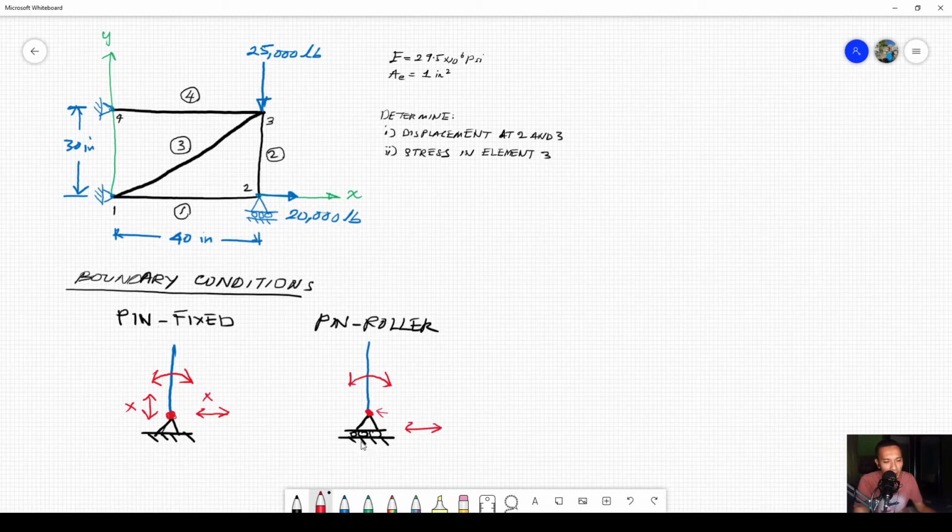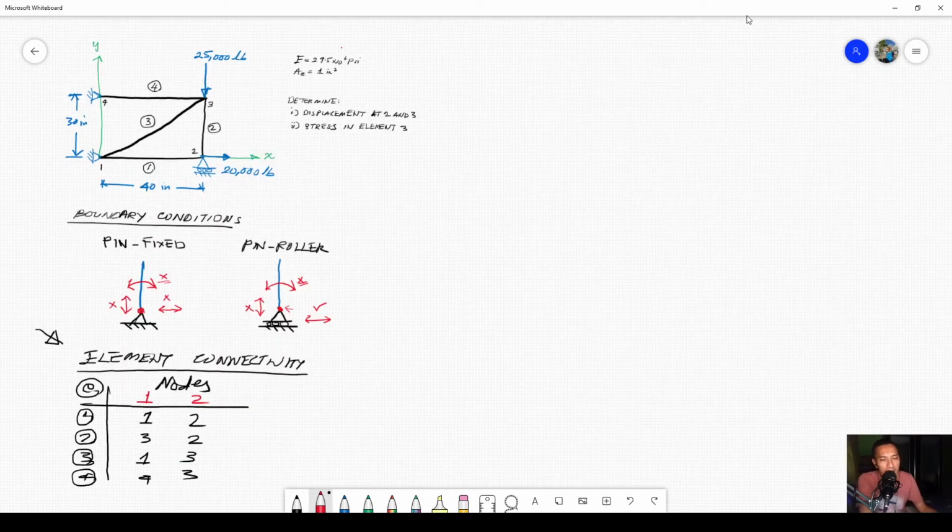Due to the fixed boundary condition, there will be no vertical displacement or movement in the y direction. So due to the roller, we only have horizontal displacement. But in plane trusses problems, the rotation of the element is not considered.